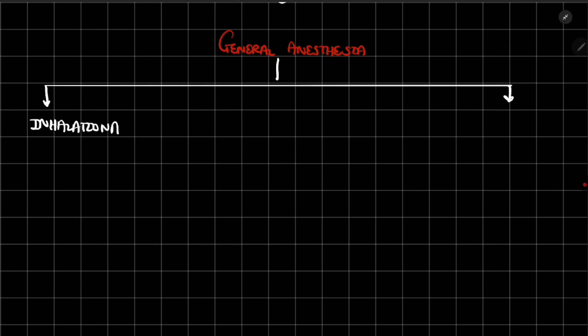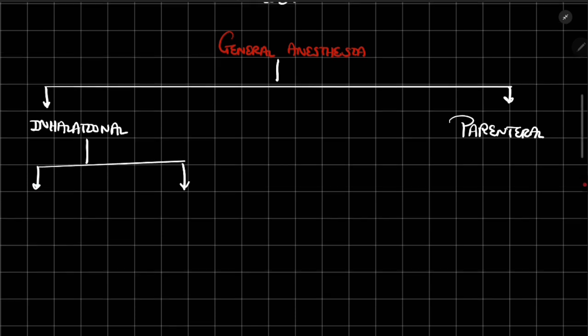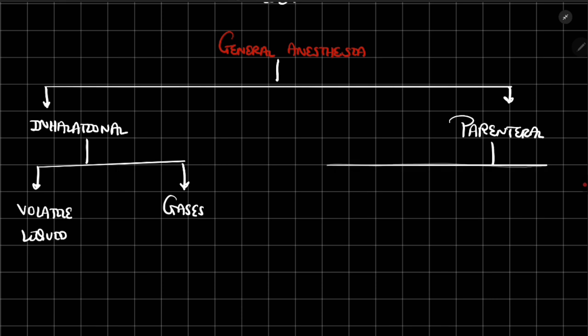Now these are further classified: inhalational is classified into volatile liquids and gases, while parenteral is classified into inducing drugs, inducing agents, and slow acting agents.